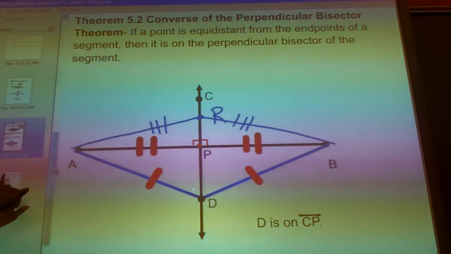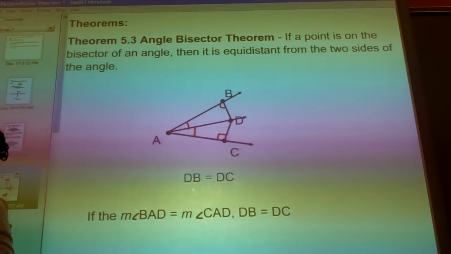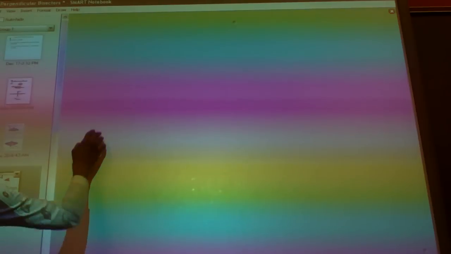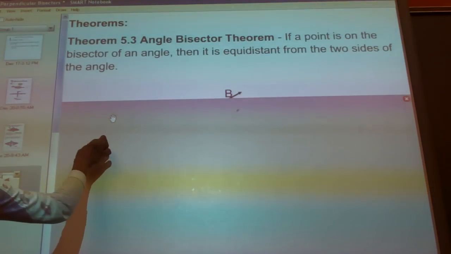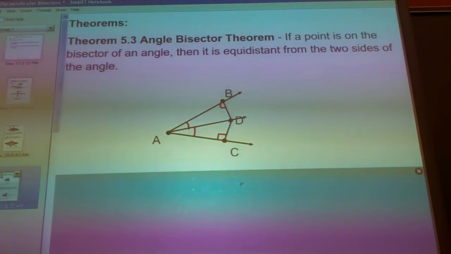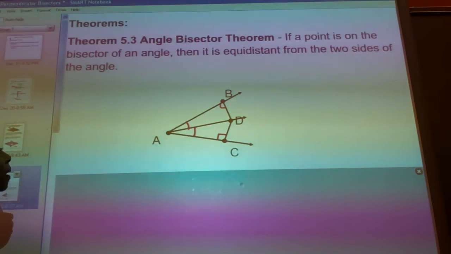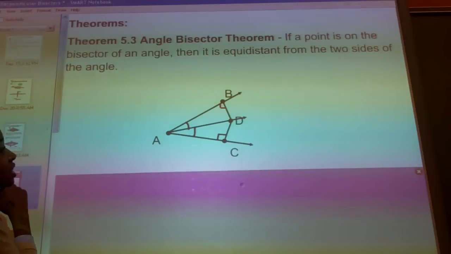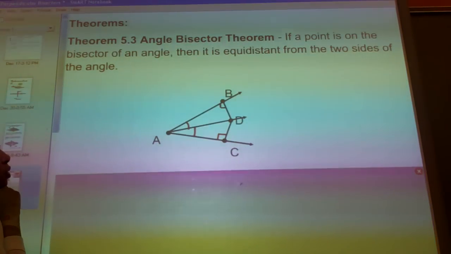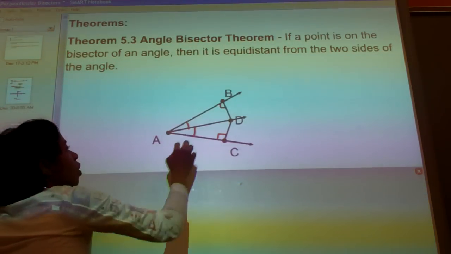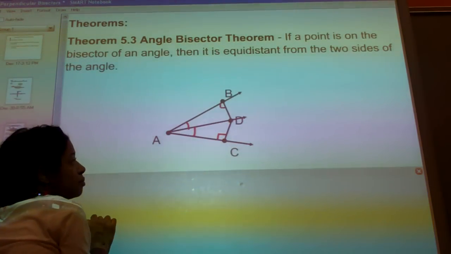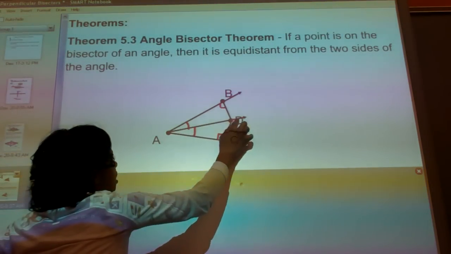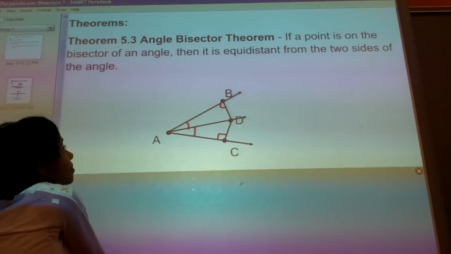And finally, the last two theorems deal with angle bisecting. This is theorem 5.3, the angle bisector theorem. If a point is on the bisector of an angle, then it's equal distance from the two sides of the angle. So I have angle BAC, and the bisector is ray AD.